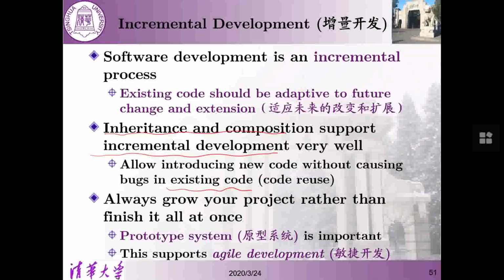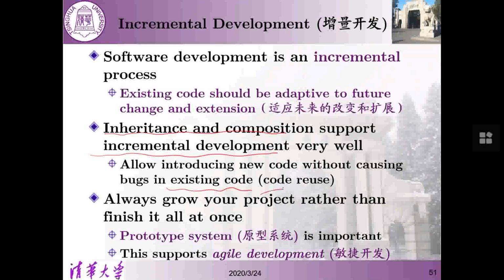And use existing classes, because these classes are well-defined and well-tested, and we know that there are no bugs or mostly no bugs. So we are safe to use existing code, and then we can incrementally develop more applications. I think this is a key.